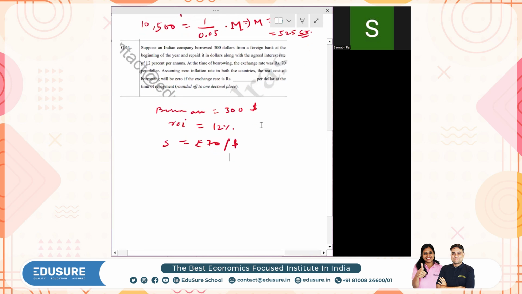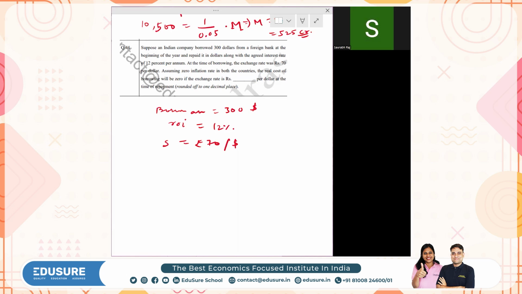It is given. It is asking that if you assume zero inflation and the real cost of borrowing is also zero, then what will be the exchange rate at the time of repayment? So let's say the Indian company borrowed that amount, and at the time of repayment it has to pay the particular sum with interest. So we have to figure out what the repayment will be.